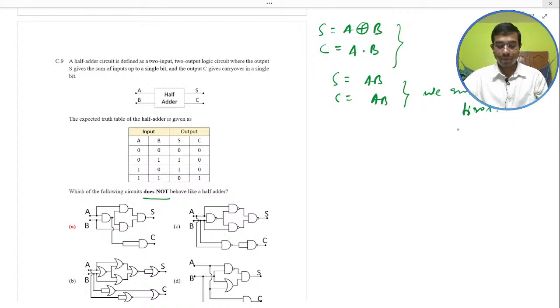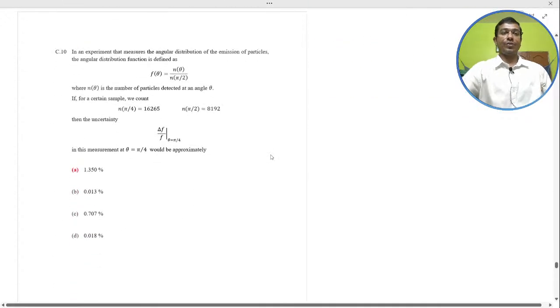So which does not correctly provide the same output as the half-adder? Let us assume this one. Here this is A, B. So here S is AB and C is AB. So option A would be, let us choose among the options A, B, C, D, option A would be the correct. Next question.